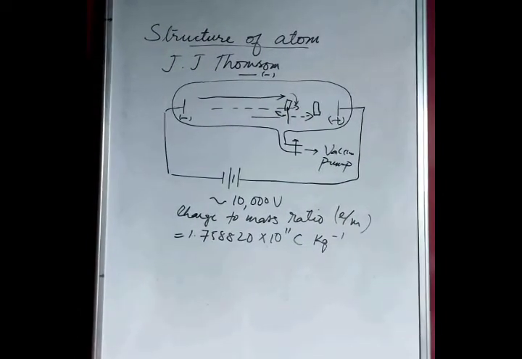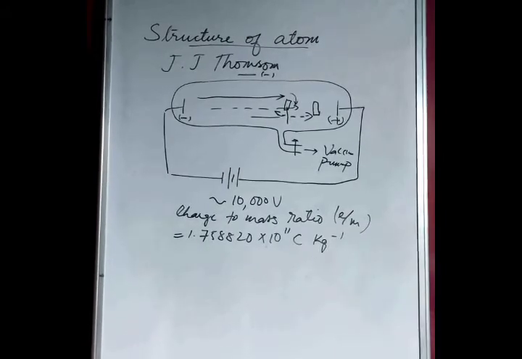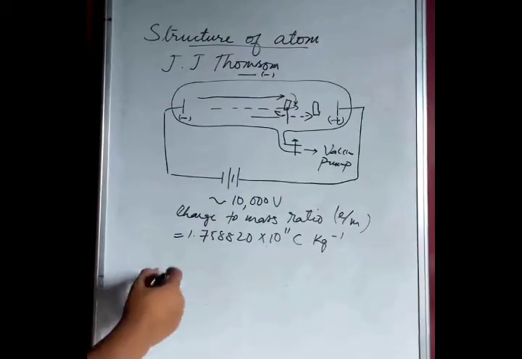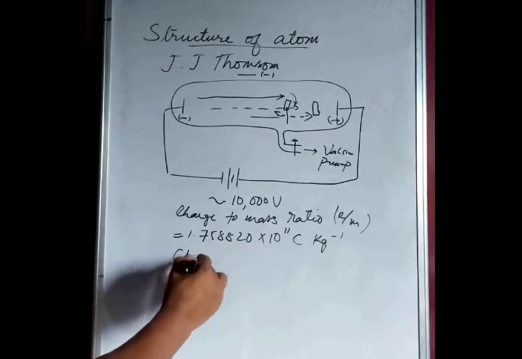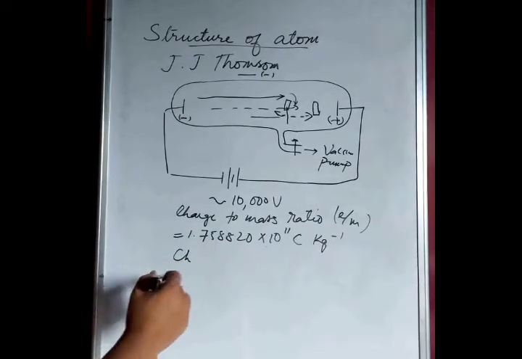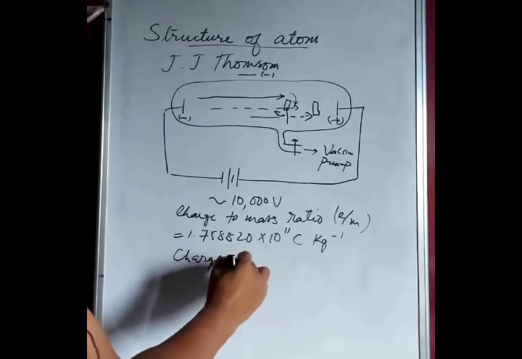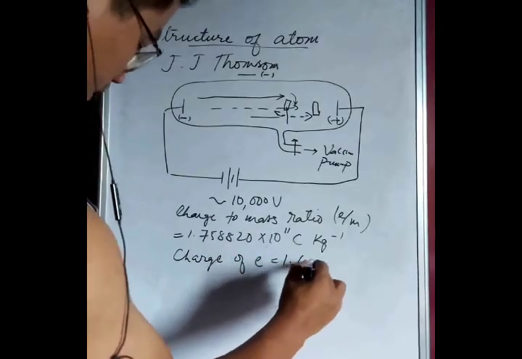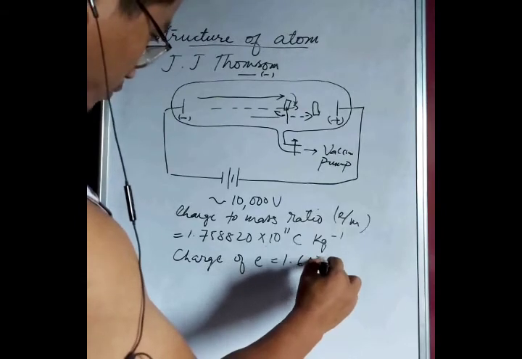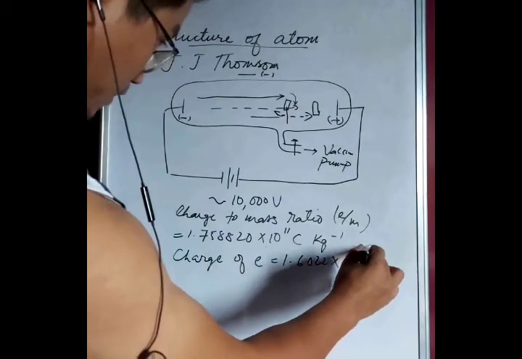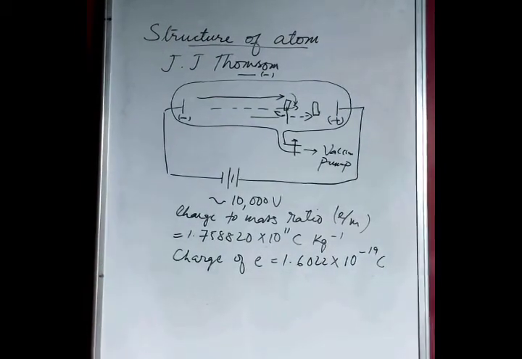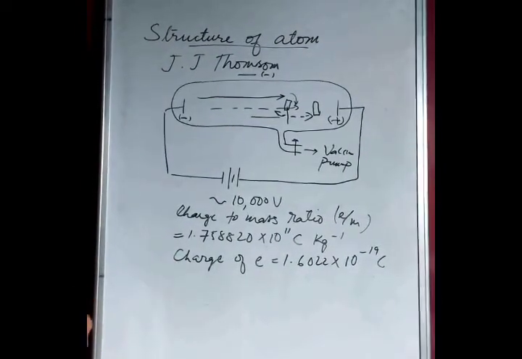And Robert Millikan, in his oil drop experiment, could determine the charge of an electron, which was found to be 1.6022 × 10^-19 coulombs. Now, with this, we can determine the mass of an electron.